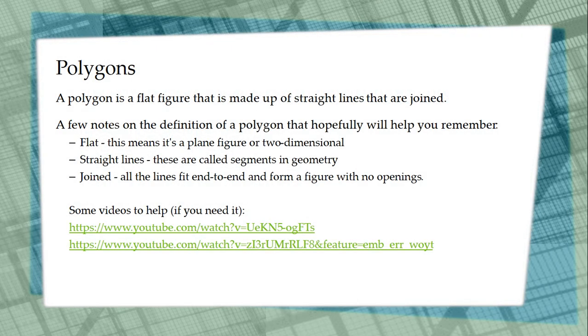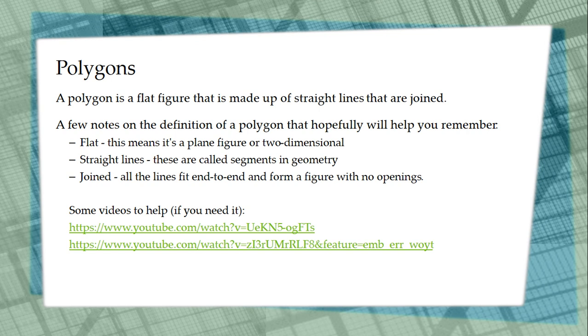So what are they? Well, a polygon is just a flat figure or shape that is made up of straight lines that are joined, okay? So flat means basically that it's a 2D shape. The straight lines, so it has to have straight lines. A polygon cannot be a circle or a half circle. The lines are straight. They don't have a curve at all. They're just straight lines. And then they have to be joined, okay?